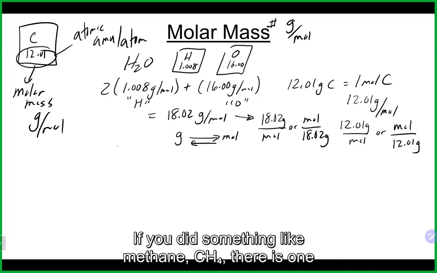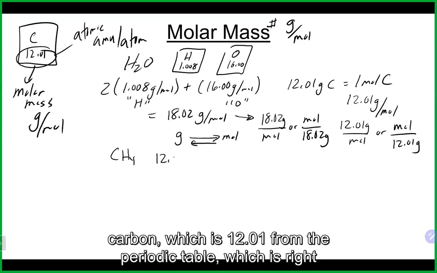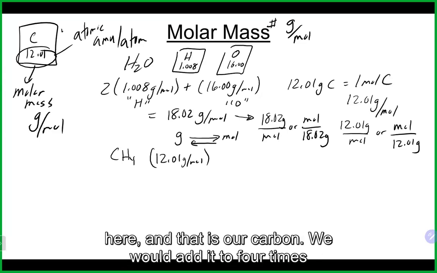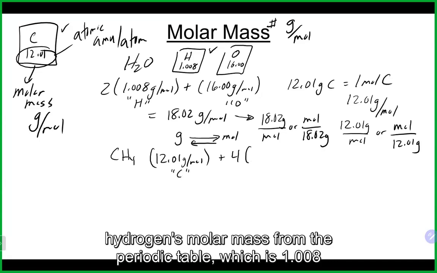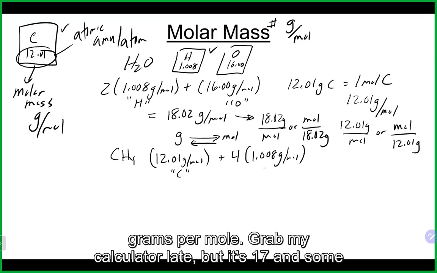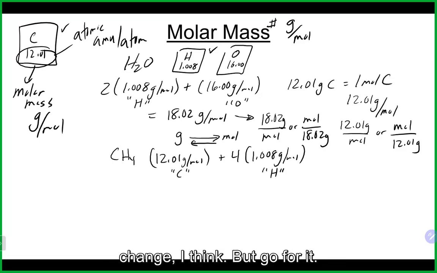If you did something like methane, CH4, there is one carbon, which is 12.01 from the periodic table, which is right here. And that is our carbon. We would add it to 4 times hydrogen's molar mass from the periodic table, which is 1.008 grams per mole. Grab my calculator, it's late, but it's 17 and some change, I think, but I'll go for it.